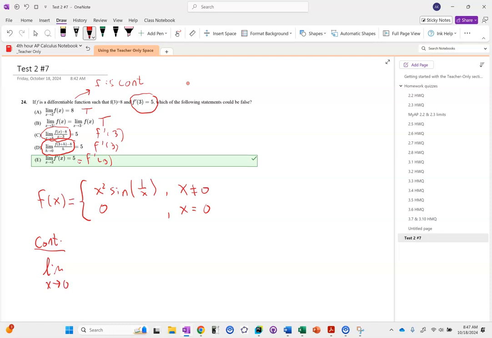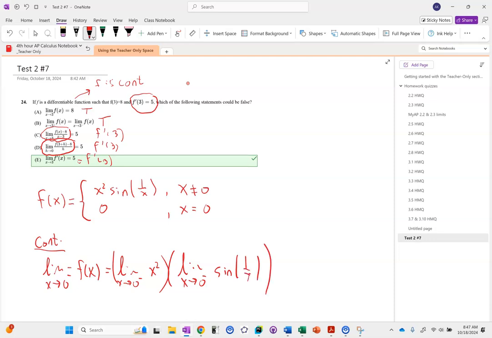So if I look at the left-hand limit of f of x, that's going to be the limit as x approaches 0 from the left of x squared times the limit as x approaches 0 from the left of sine 1 over x.